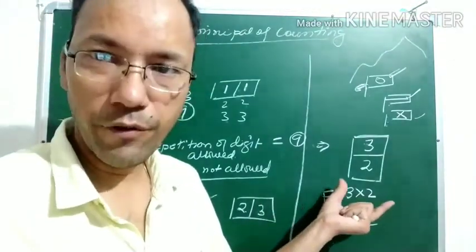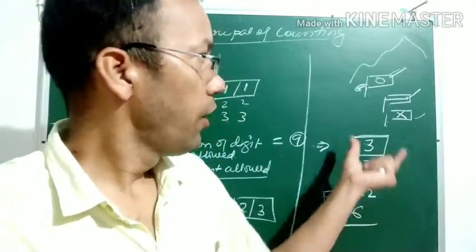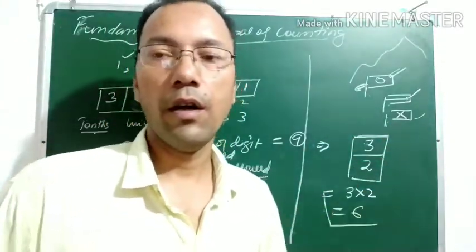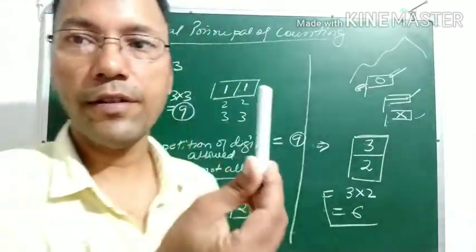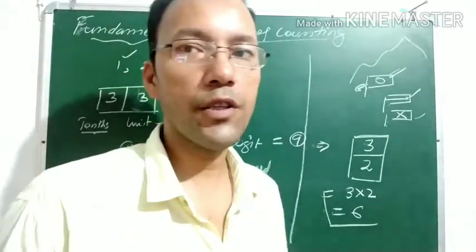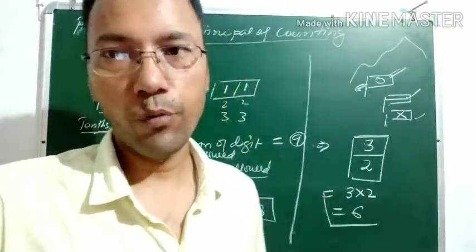That is the mathematical definition. You will not understand much when you just read it, but then you will understand. If the first event occurs in m ways and the second event in n ways, the total number of ways is m into n ways, right?